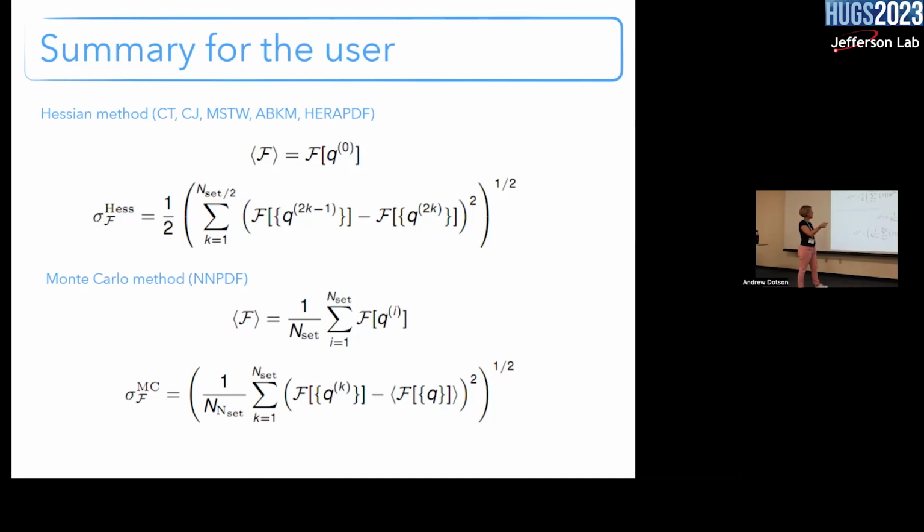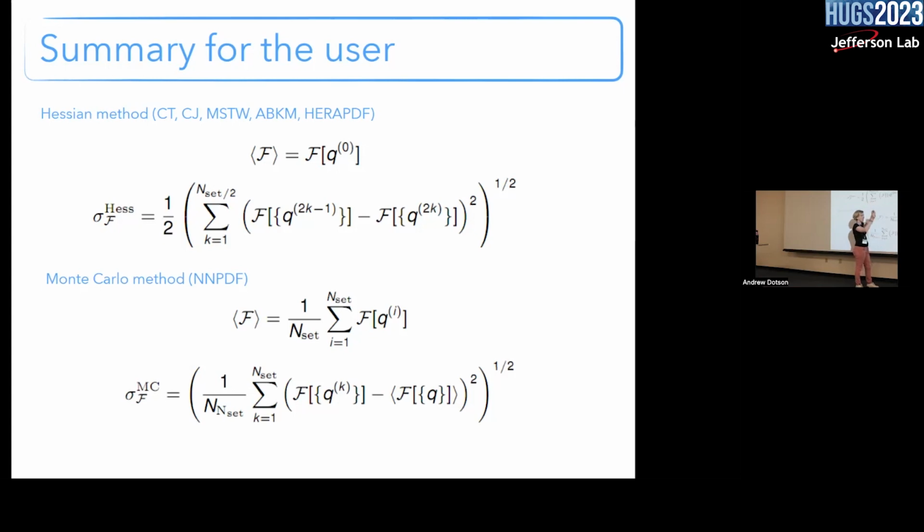If it's Hessian, then the central value is given by member 0 of your PDF set. And then the way you compute the PDF uncertainty on a given observable F from a Hessian set is this formula.